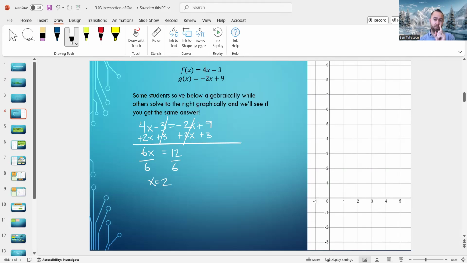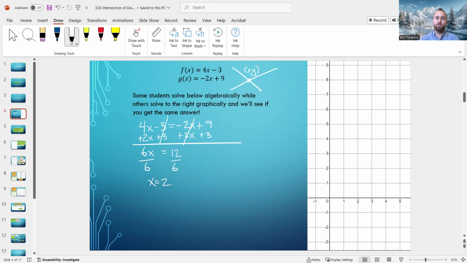We're told there's only going to be one solution, and that makes sense if you look at this because you see a linear function with a positive slope and another linear with a negative slope. So we're going to have one point where they touch, and we want to find out exactly where that is. We know x is 2. How do we find out what y is? Well, we need to plug back into either function because remember, this point is on both lines.